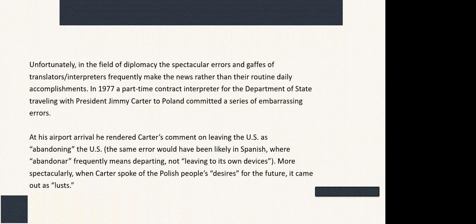Unfortunately, in the field of diplomacy, spectacular errors and gaffes of translators and interpreters frequently make the news rather than the routine daily accomplishment. By this, we stress the unfairness of the media.